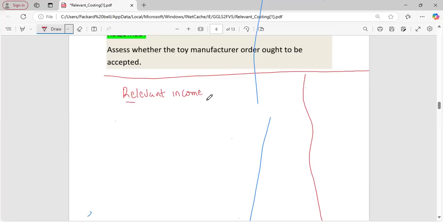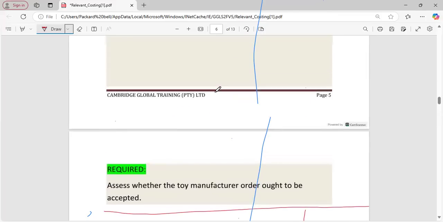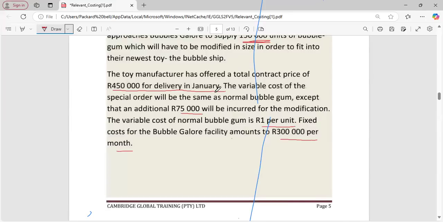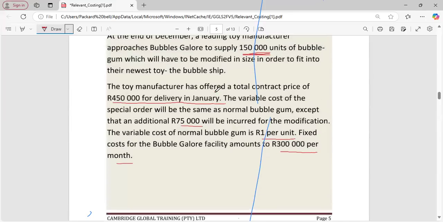So what is going to be the relevant income here? In this order, what are we going to take as our relevant income? The toy manufacturer is offered a total contract price of 450,000.